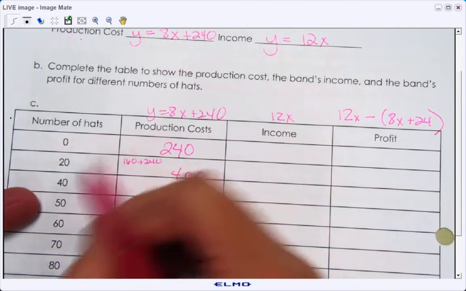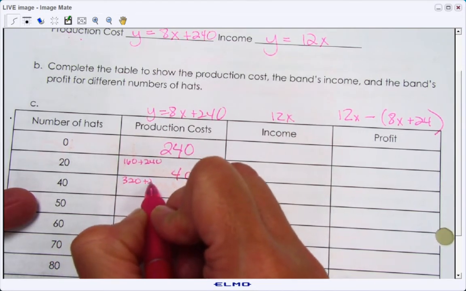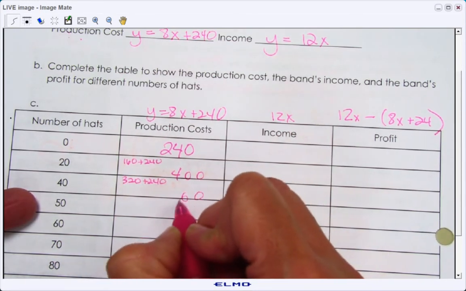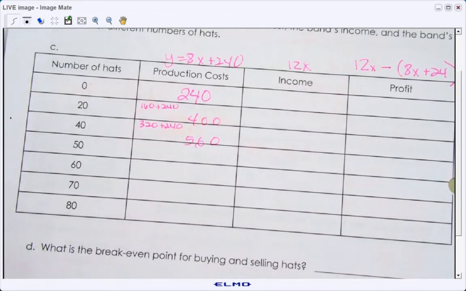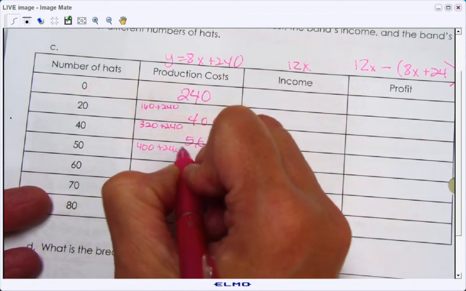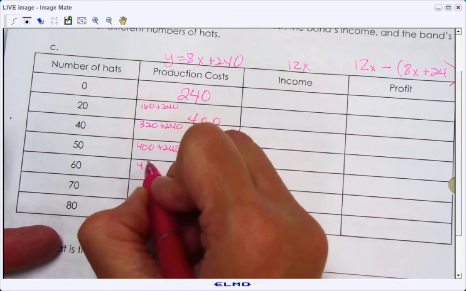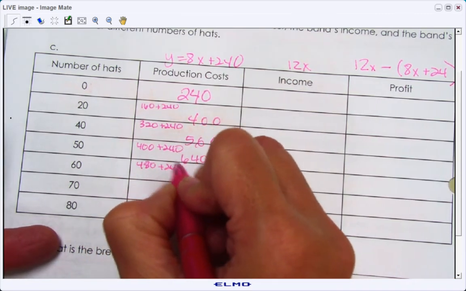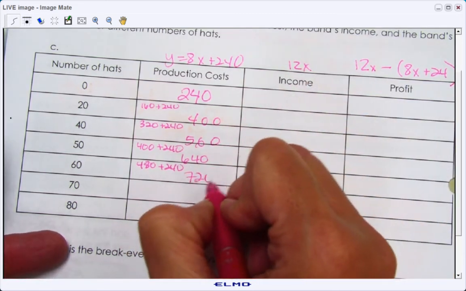And then 8 times 40 is going to be 320 plus 240. So that's going to be 560. Then 5 times 8 will be 400 plus 240. So that's going to be 640. This would be 480 plus 240. And that's 720.